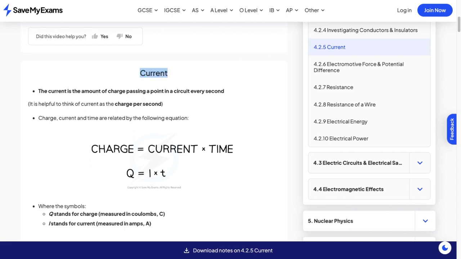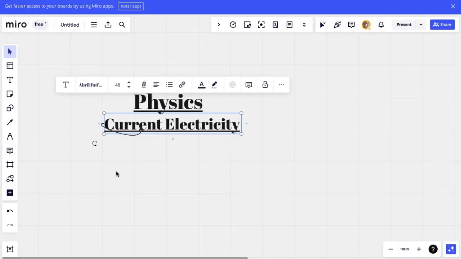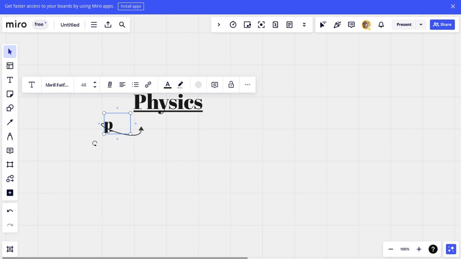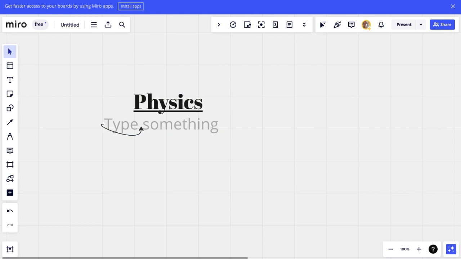If you have an electrical circuit, for example, let's say we have a battery here, a simple electrical circuit.